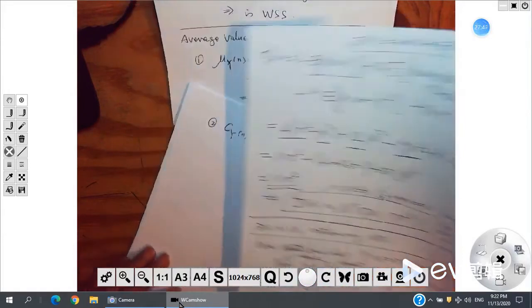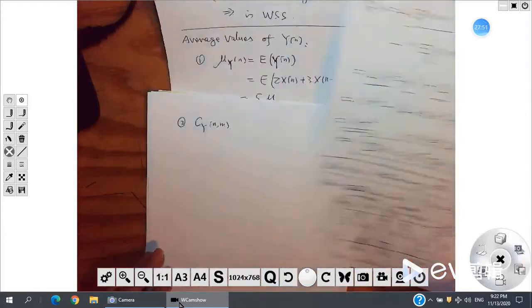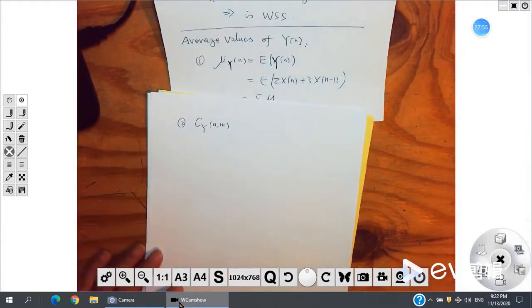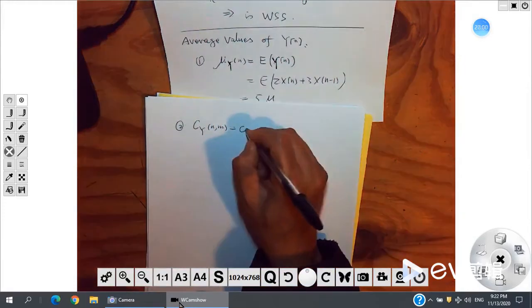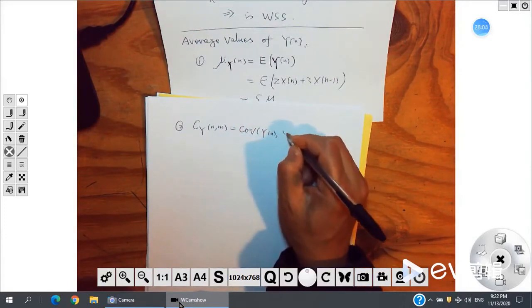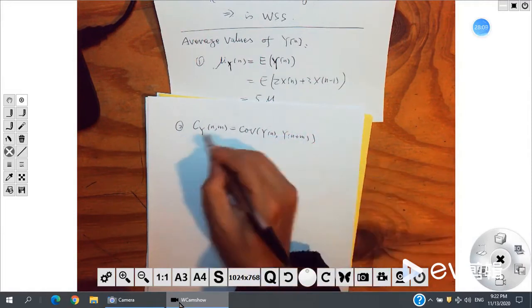But for C y, y is not IID. So we need more details to calculate. So what is it? Okay, by definition, this is the covariance of y of n and y of n plus m. This is the C y of n and m.